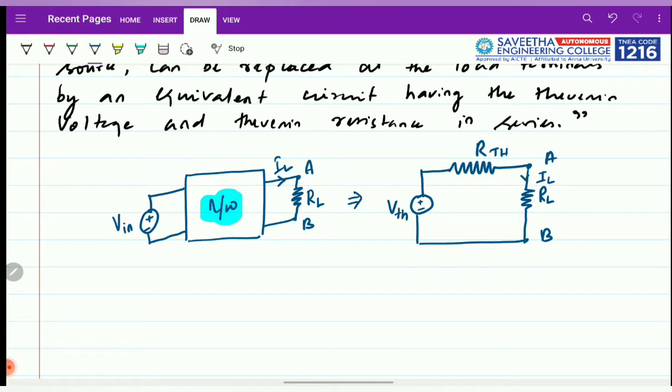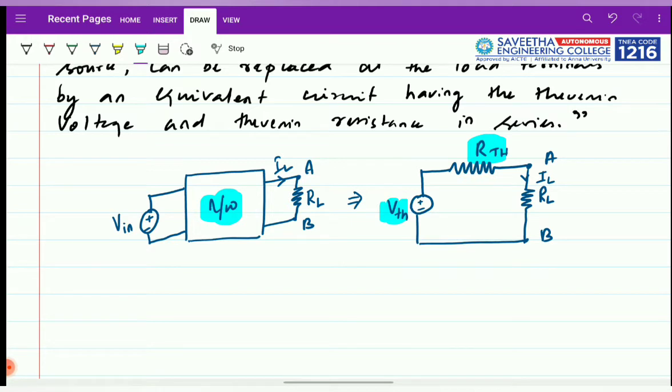So it is very clear that there are two important parameters to be found. One is RTH, the other one is VTH. RTH is nothing but the equivalent Thevenin resistance of the network, leaving the load resistance. Without using the load resistance, we will calculate the Thevenin equivalent circuit for the network.